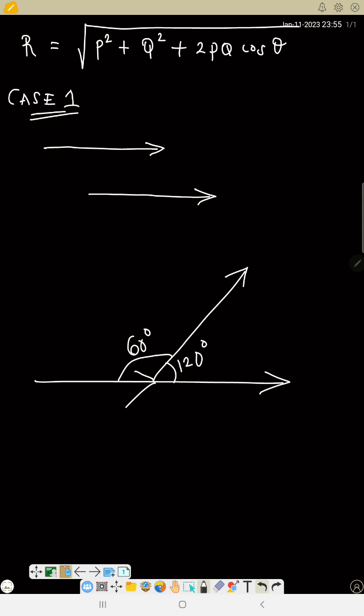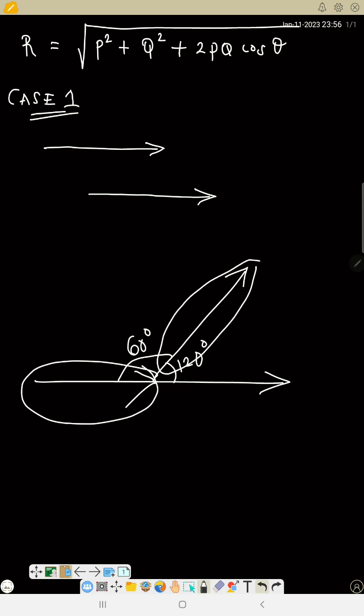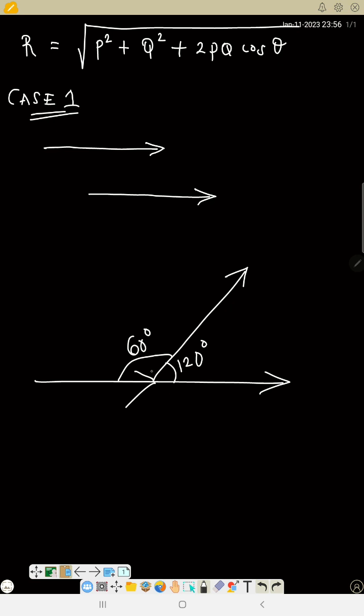Now if you look at this diagram, what is the valid angle in this diagram? Now if you trace this vector here and this vector here, you will see the angle formed is head to tail. So vectors cannot form an angle head to tail.